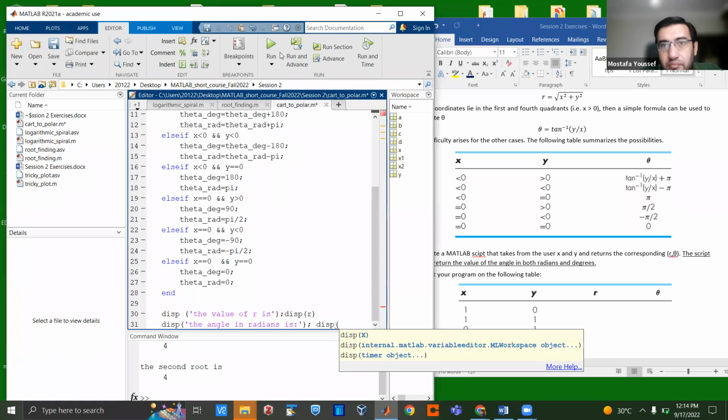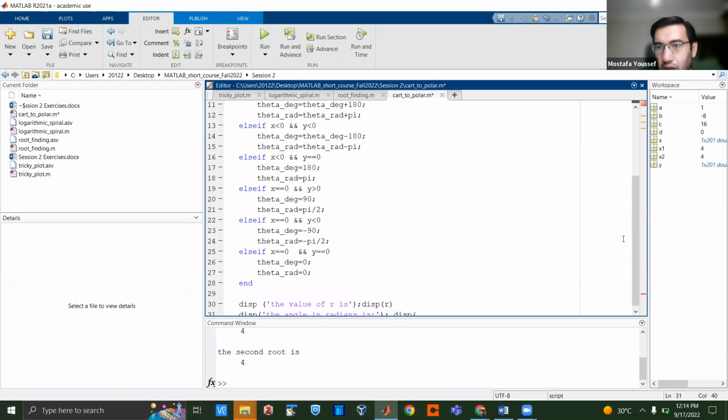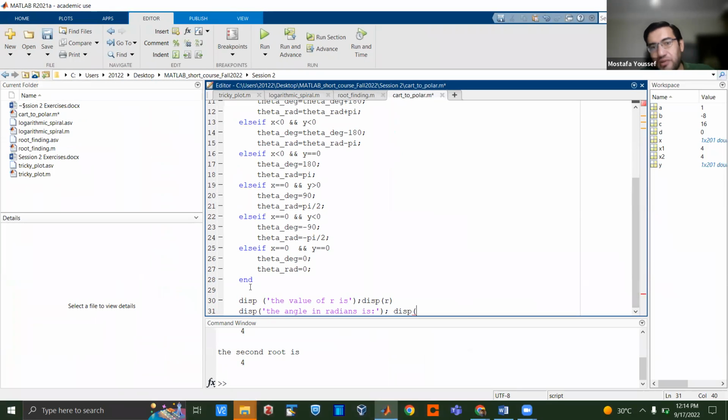That's also one mistake that some of you wrote the display theta. So here it's theta rad. Some of you actually didn't put this between two quotation marks. Sorry, they put it in quotation marks, which is gonna display a text, but we need the actual variable, okay?